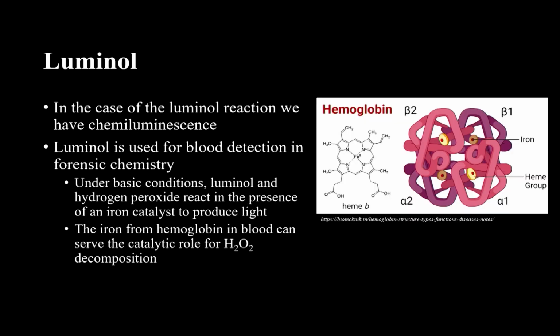But in the case of luminol, what we had was a basic set of conditions with peroxide in there. The peroxide releases oxygen, which then reacts with the luminol species itself and creates an excited species. When chemicals get into an excited state, they don't hold on to that energy forever. It tends to decay in some fashion or another.